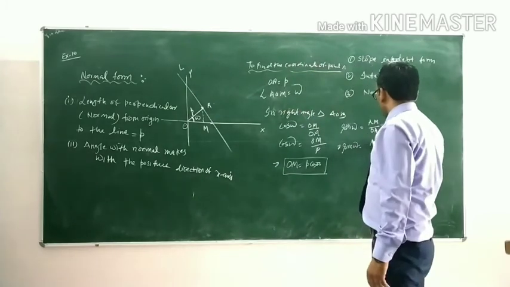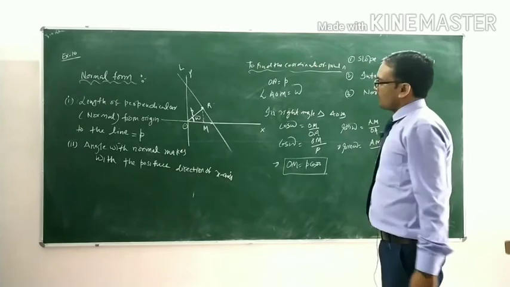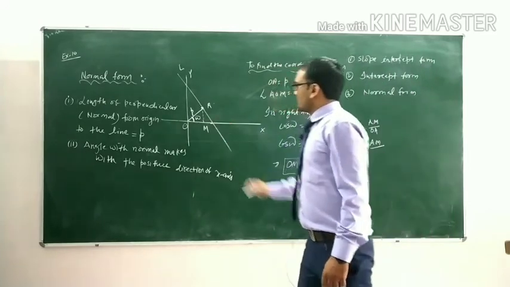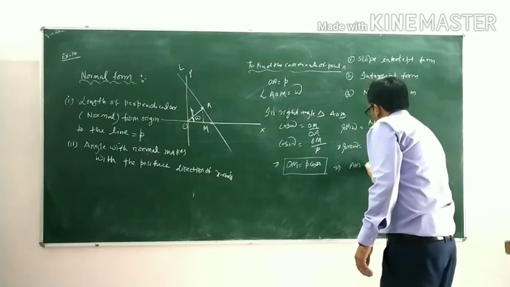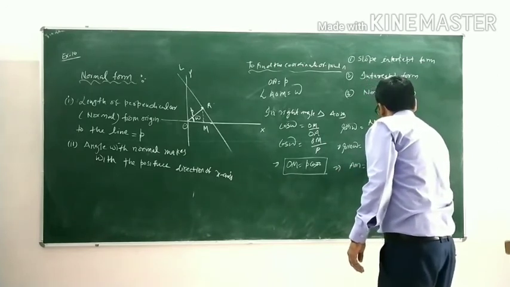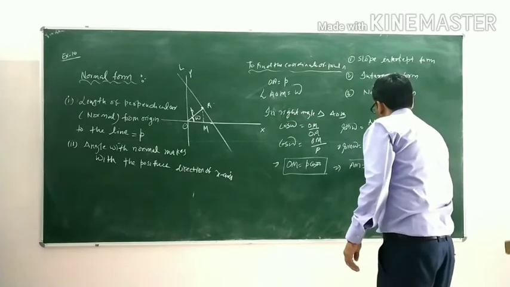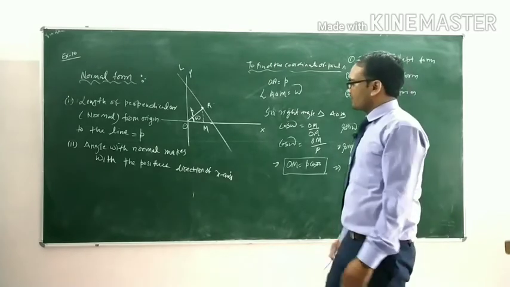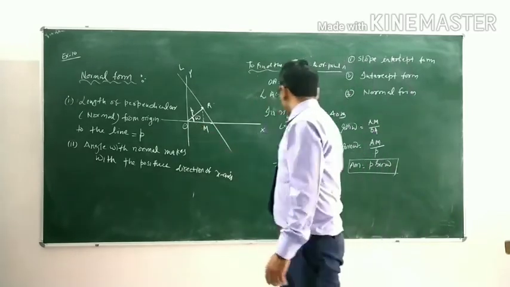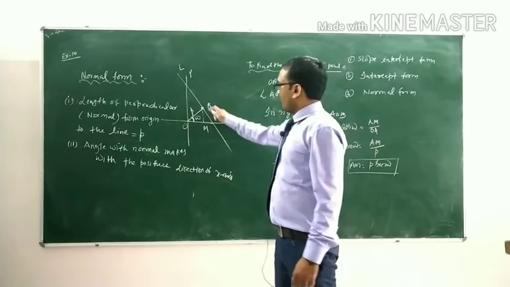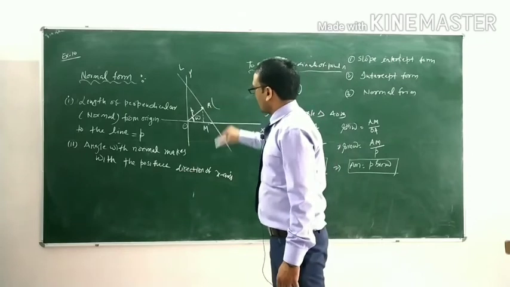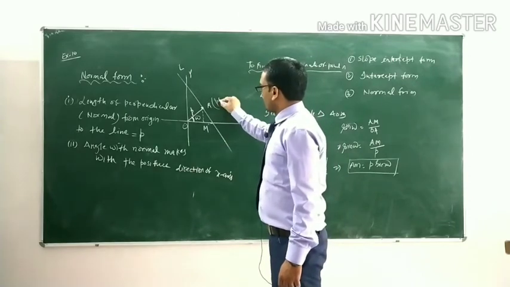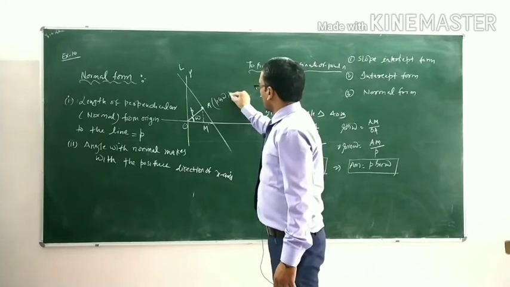We find the value of AM, and OA is equal to P. This implies that AM equal to P sin omega. Here students, OM is P cos omega, AM is P sin omega, then the coordinate of point A is P cos omega comma P sin omega.